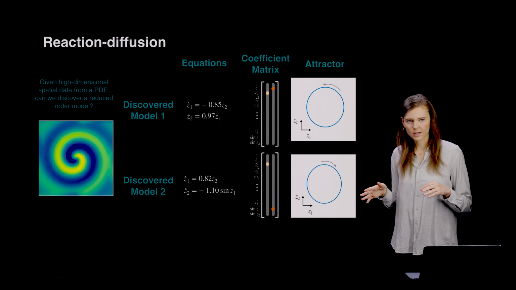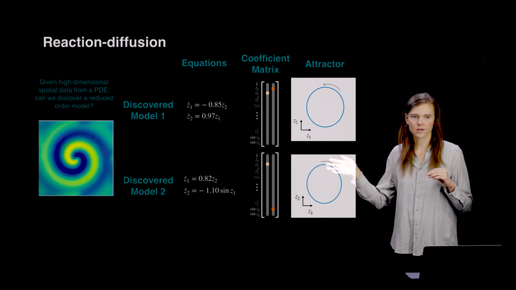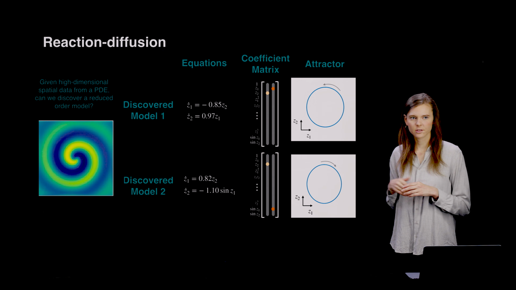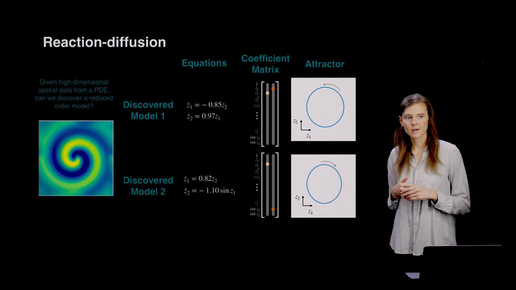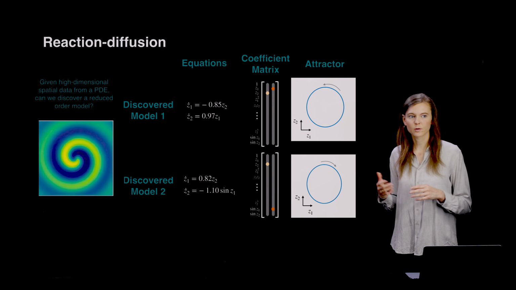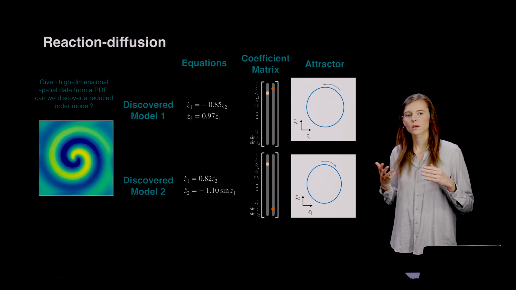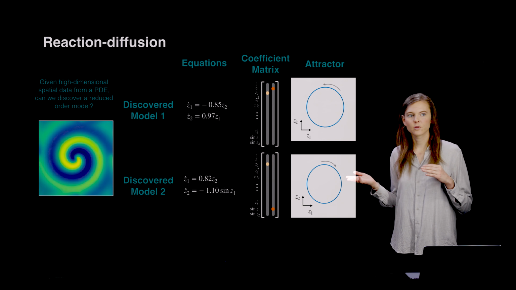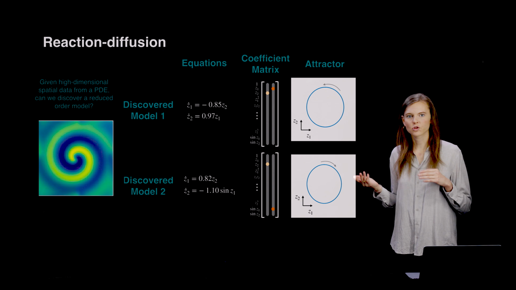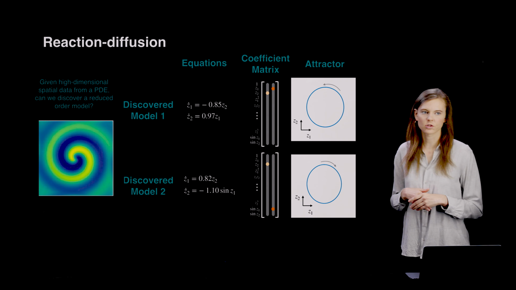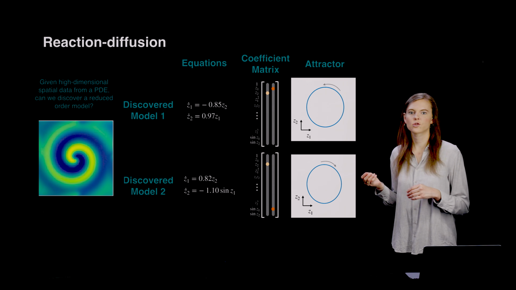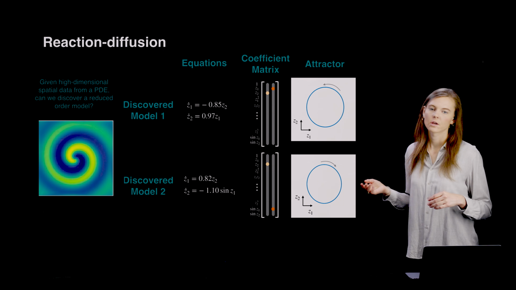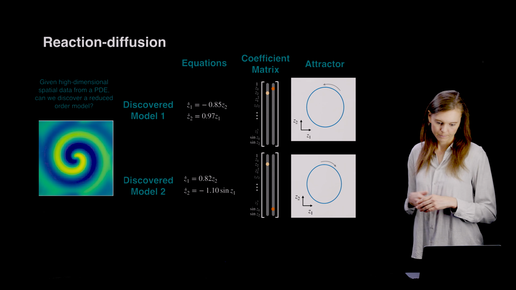It also, in some cases, discovered a nonlinear oscillation. In this case, we included a sine term in the library of possible functions. In some cases, the network found that using this sine term in the oscillation also provided a good representation of the dynamics. So this is a very similar system. And here again, we show the attractor in the reduced space right here.